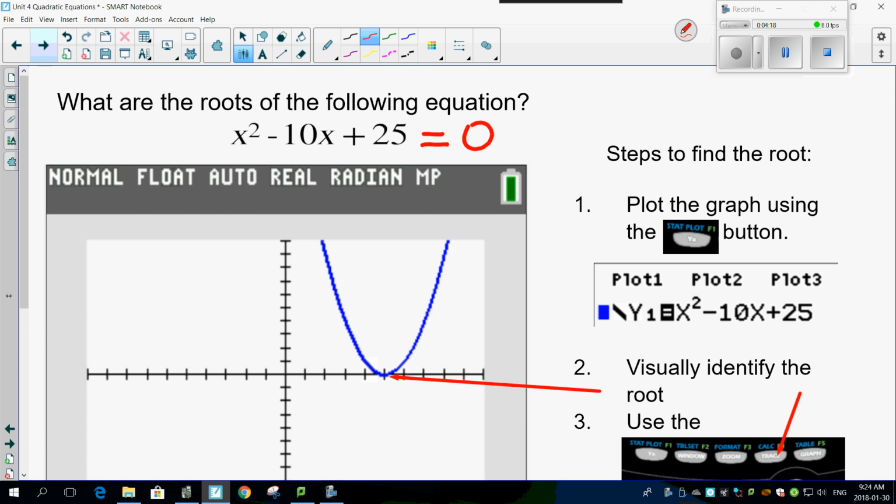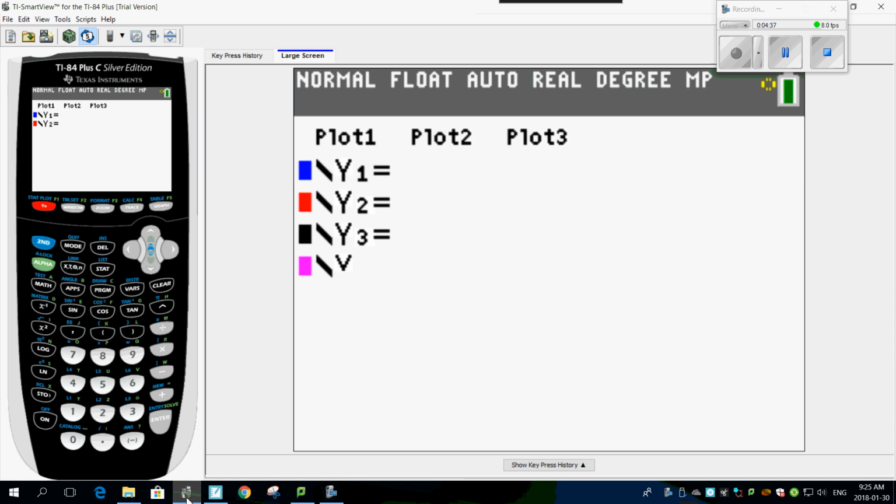Now it's an equation. That's a really, really important point. You can see that x squared minus 10x plus 25 gives you an equation that we've listed here below. That's an actual picture of the calculator, and I'll prove it to you. X squared minus 10x plus 25. Let's put it in here. If you don't remember how to do that, that goes right into your calculator right here.